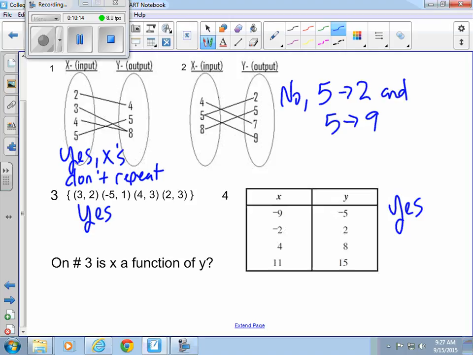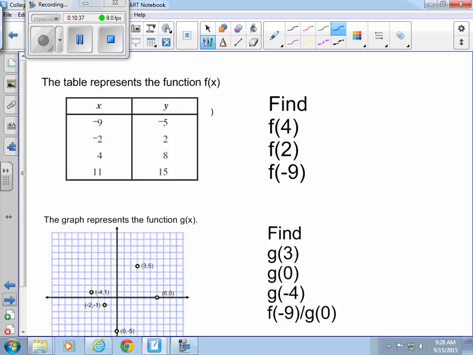That would mean these are rearranged. Would that then be a function? No, because the 3 repeats. I don't like that question. I think it's a trick question, but it is trying to get you to think about which one's the function value, the output value, or the y value. But again, if you see that question, it is a trick question that this book asks us.